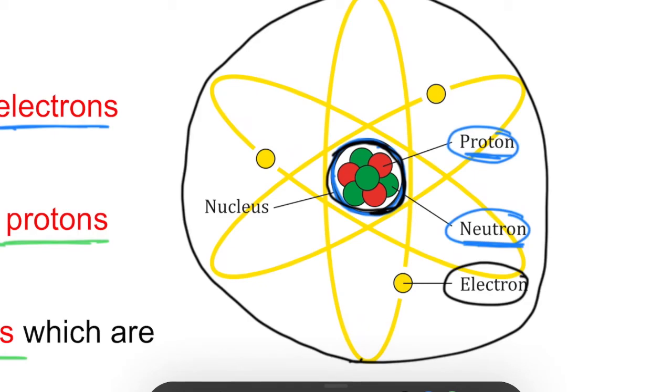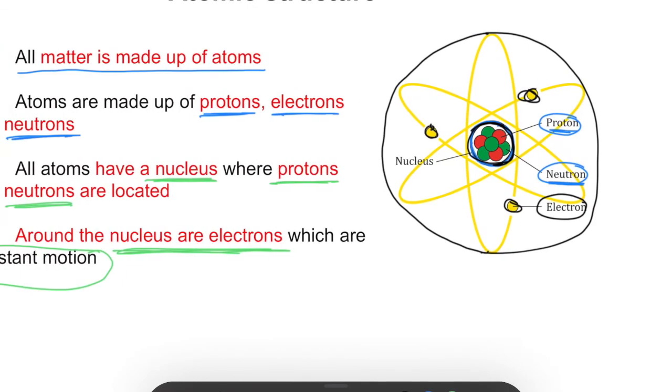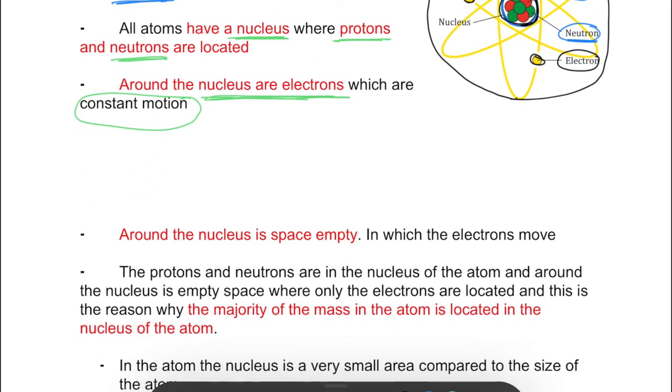That means there is nothing. The only thing there is all these electrons, moving like crazy around and around without stopping. But it's empty space. There is nothing else there except the electrons moving and moving.